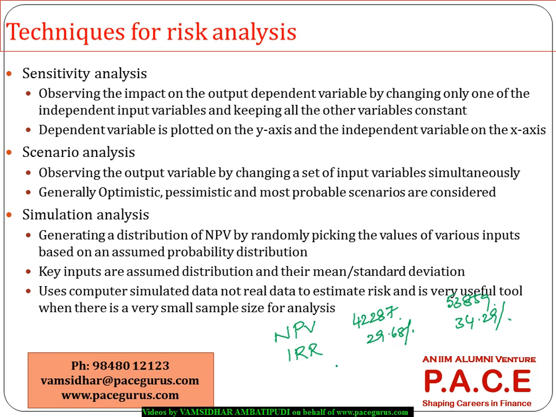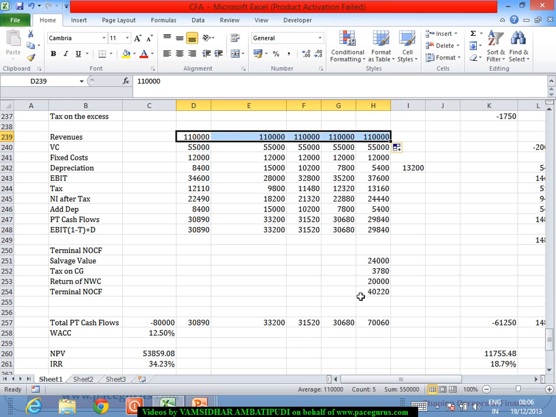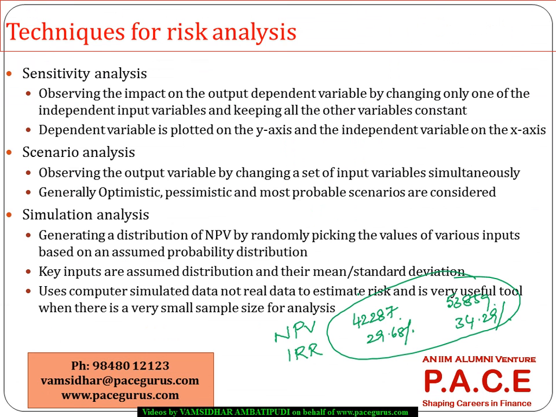Same way, this is what we call as sensitivity analysis. I am just changing one input variable and I am looking at what kind of impact that it has on the profitability of the project, or basically the measures of the project like NPV and IRR. So that is what we are calling as sensitivity analysis.